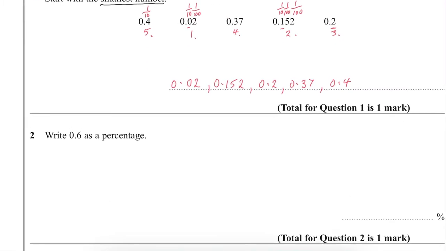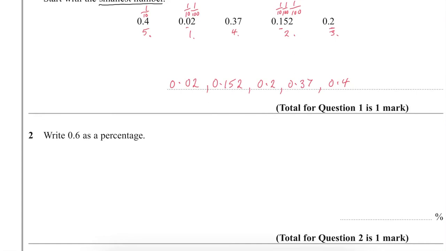Okay, let's have a look at question 2 as well. Question 2, write 0.6 as a percentage. So basically we're changing decimals into percentages, and to do that we just times the decimal by 100. Works every time.